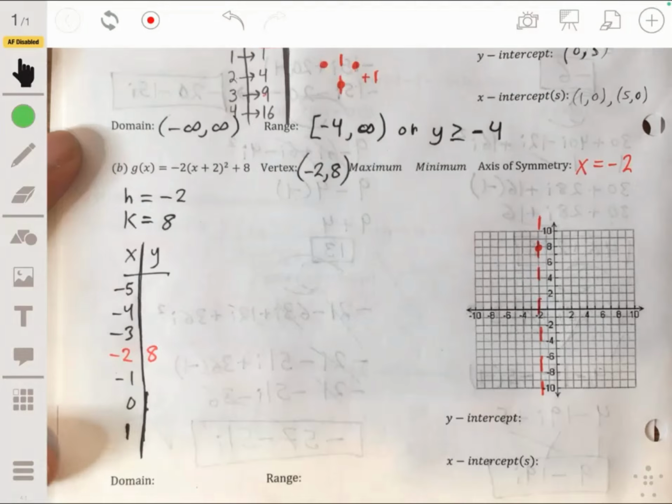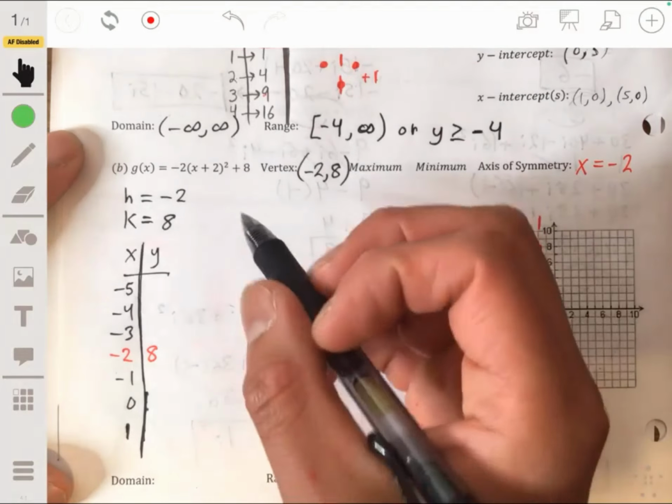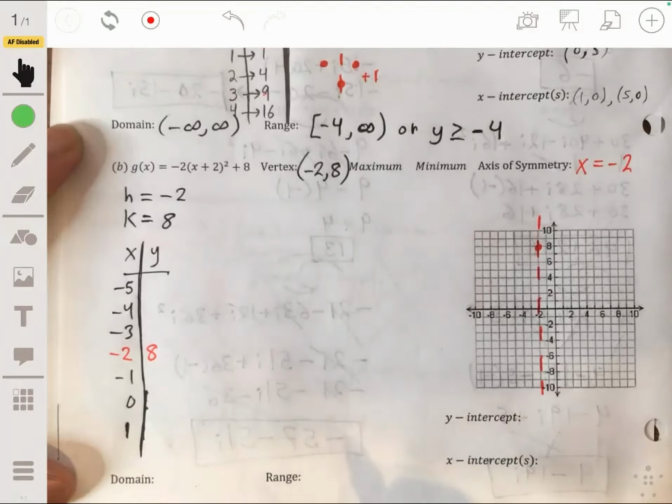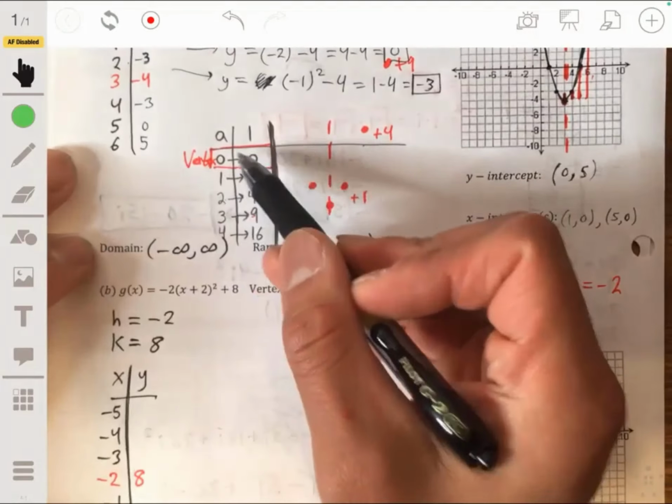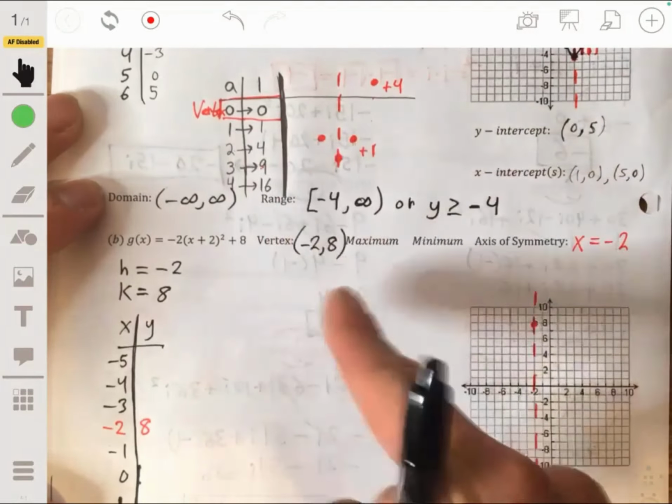Okay, now let's see if you can apply this strategy I was showing. This is kind of not very clear, but I'm going to do it again here.